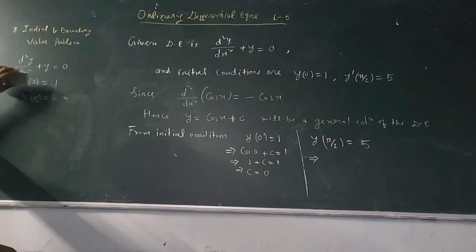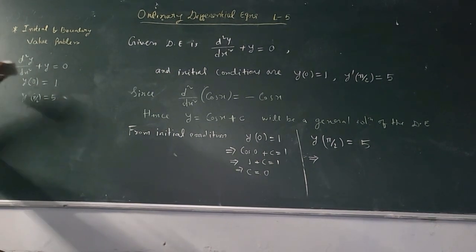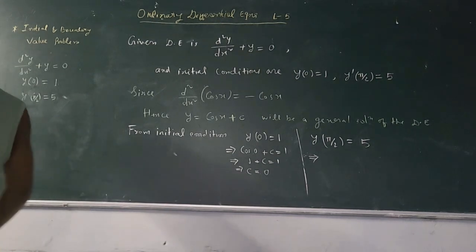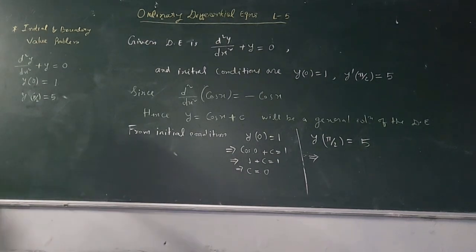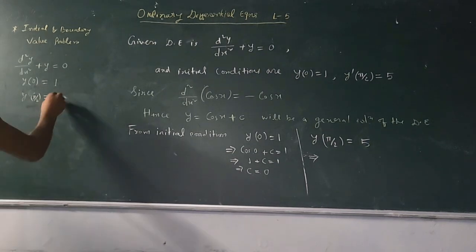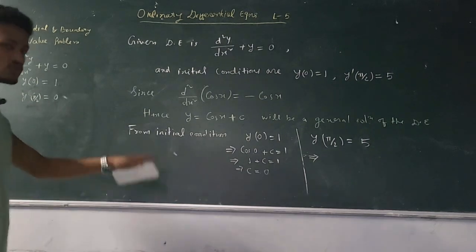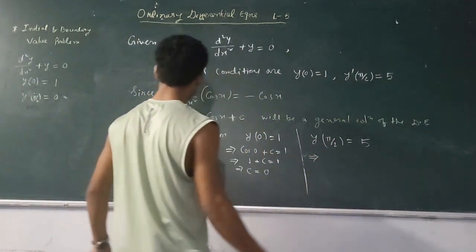Here there is no derivative. The value of y at pi by 2, we have to change, and this should be 0. Then we will have a solution. So here it should be 0.